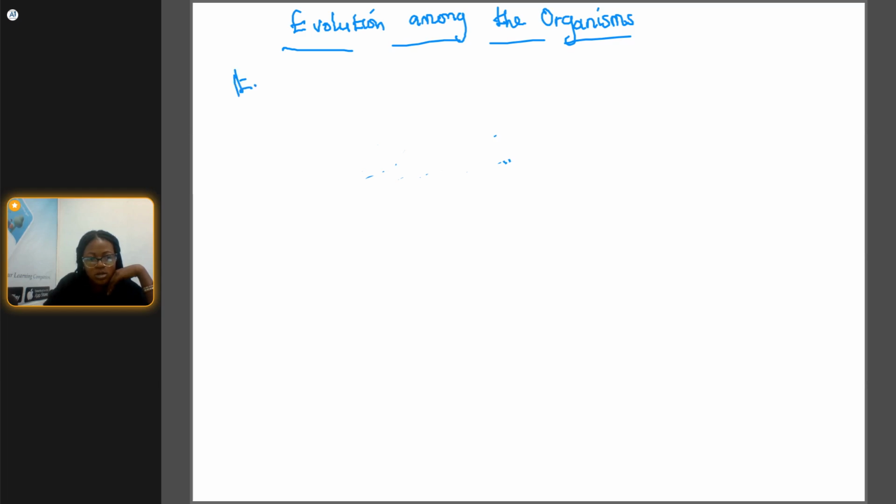When we talk of kingdom, they are grouped based on their fundamental characteristics, how they evolve, how they behave, their importance, their economic importance, where we can see them. So that is what we mean by a kingdom. It's a very broad category, a very broad classification of living organisms.